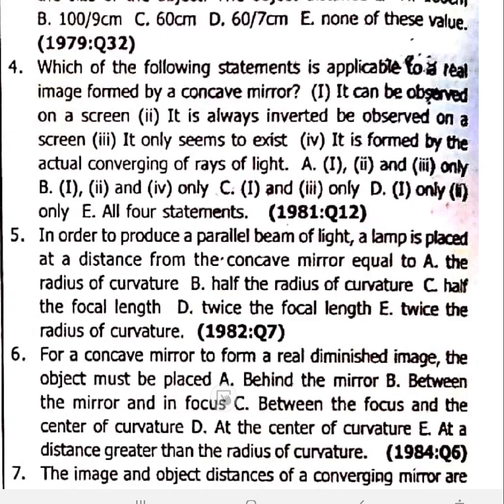And lastly, the pole of the mirror is represented as capital letter P. When the object is between the principal focus and the pole, the image is magnified, virtual, erect, and formed behind the mirror.